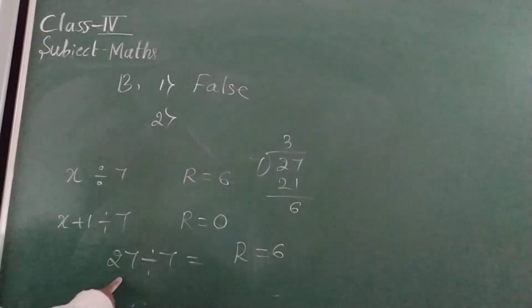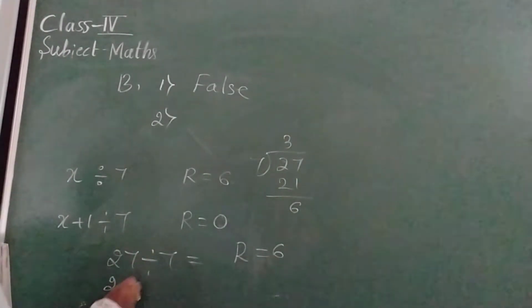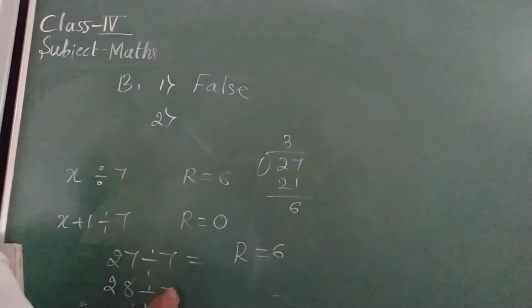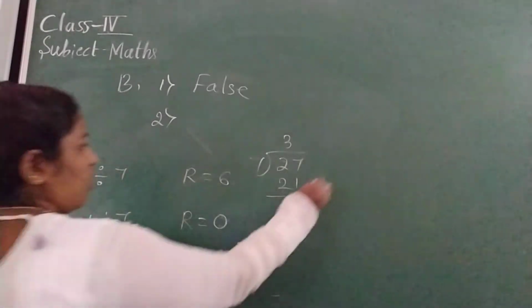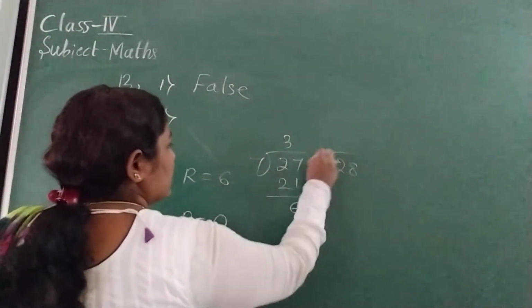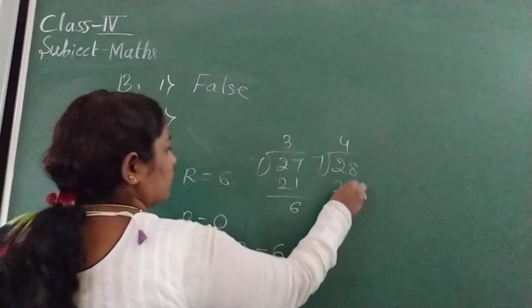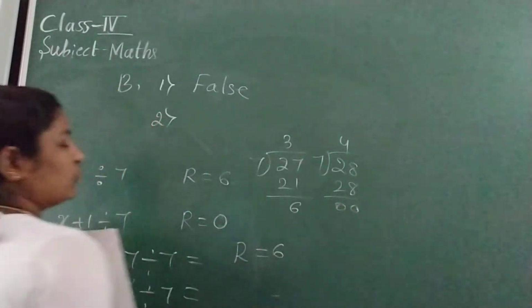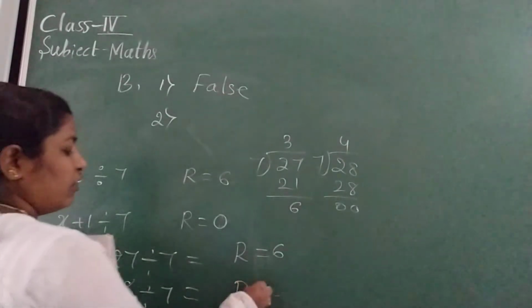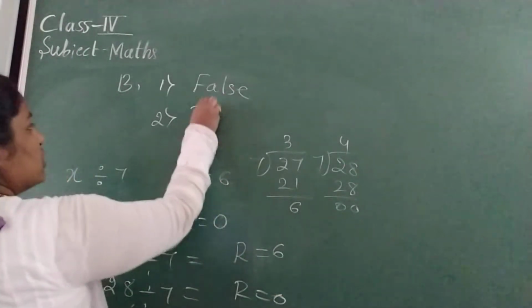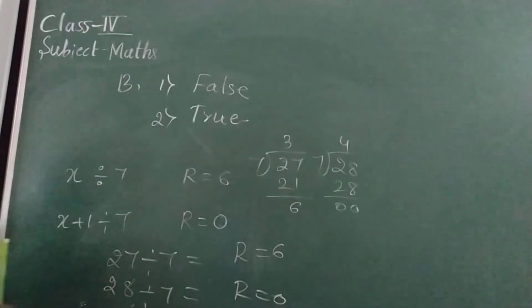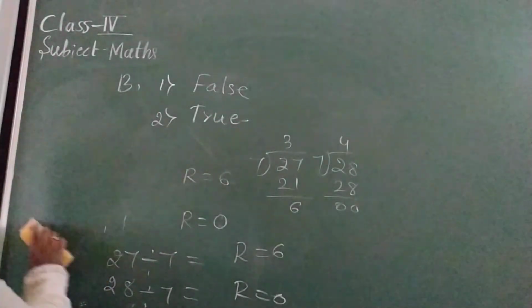If I take the successor of 27, it will become 28. Divided by 7, 28 by 7, 7 4s are 28. So the remainder will be 0. So this is true. I hope you understood this.